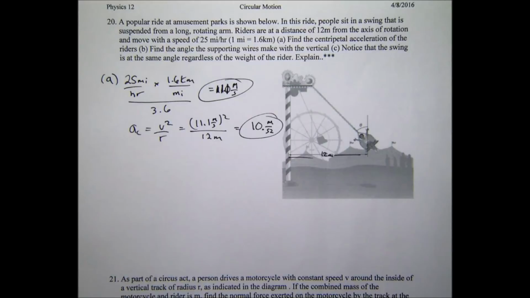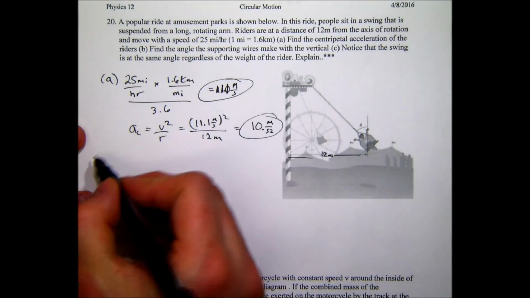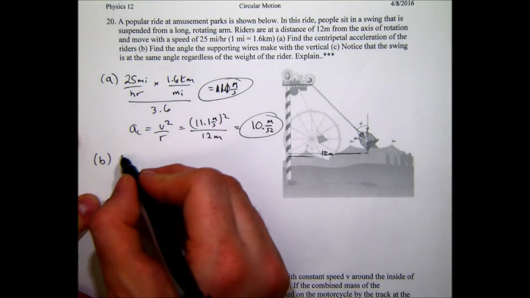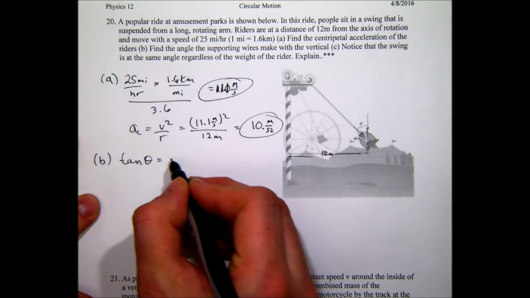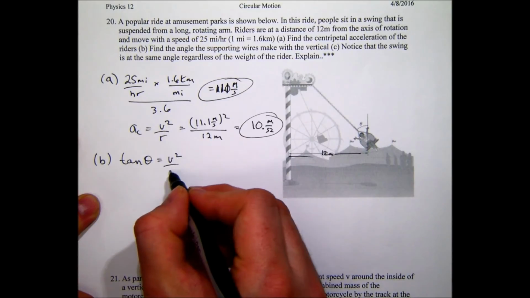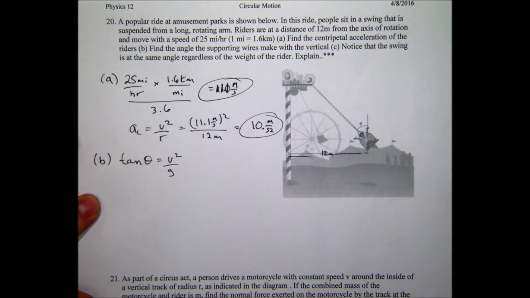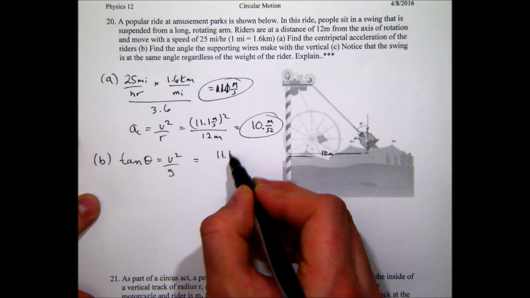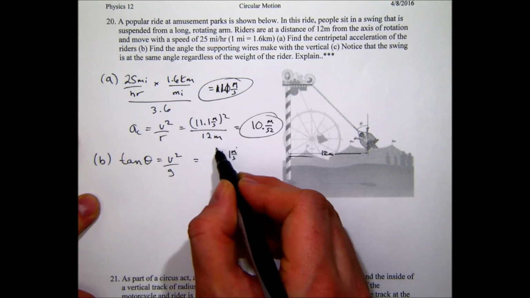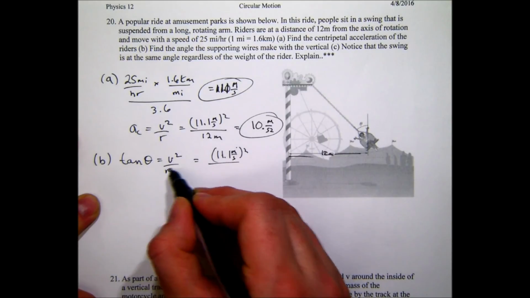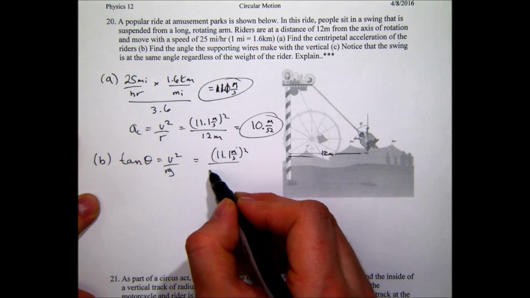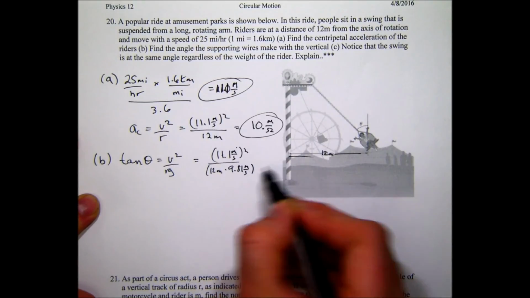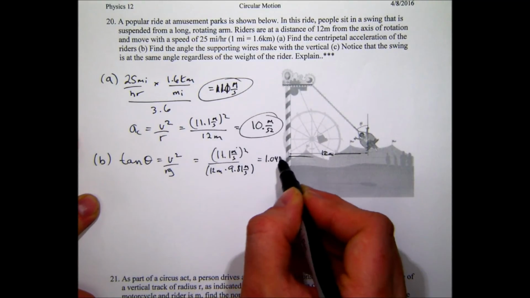B, find the angle the supporting wires would make. So this time we're not going to go through the whole derivation of this equation. We're just going to use it. Tan theta is equal to v squared over rg. We'll substitute in our values: 11.1 meters per second, squared, over 12 meters times 9.81 meters per second squared. That gives 1.046.